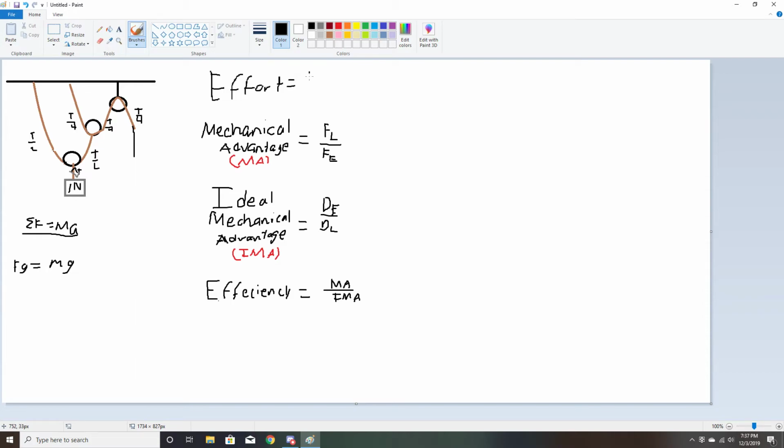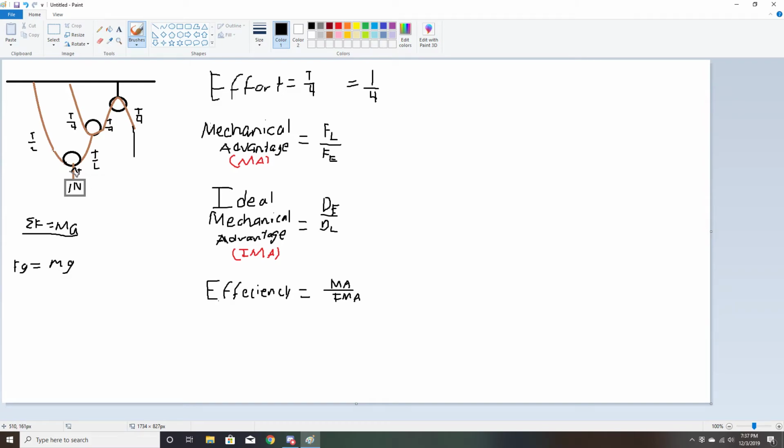Effort would be equal to T over 4. Since we know that T is 1, because the weight of the box is equal to T, your effort is equal to 1/4. So your force is 1/4 of the amount of tension there is from the box to the third pulley, which is right here.